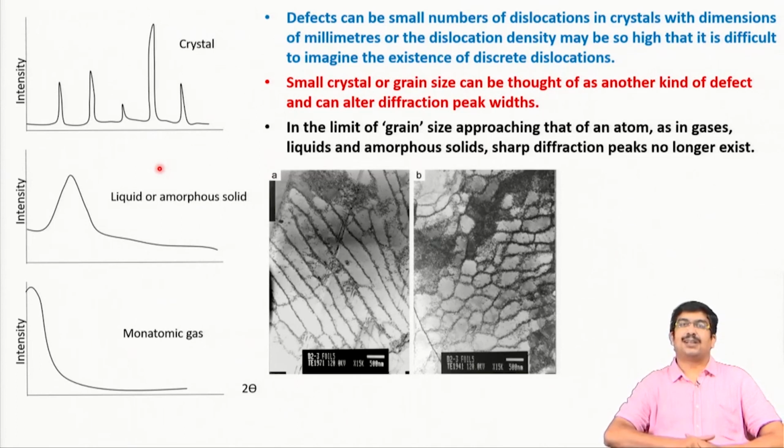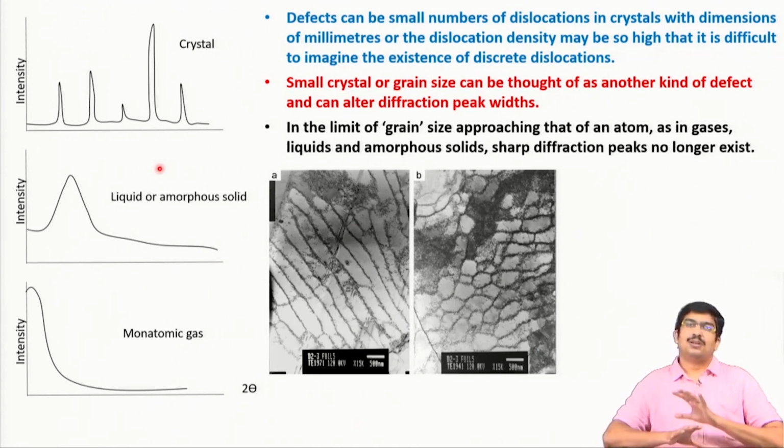Another kind of defect, mostly in metallic materials, is the dislocation, or the strain. In a broader context we can talk about strain, or in another context about dislocations. Dislocations are a line defect, as all of you know, and wherever they are present they are associated with strain fields.